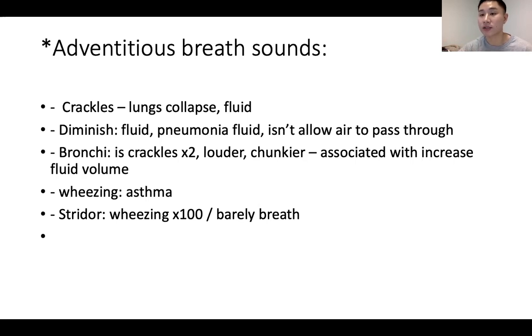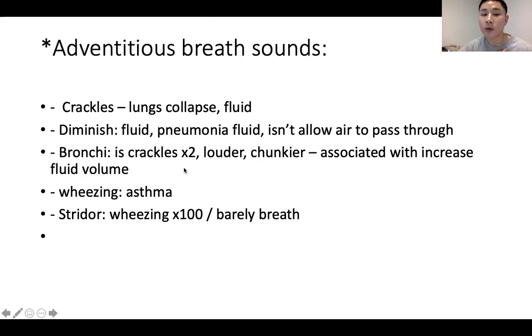It's not a good sound. A normal person with healthy lungs will not have these sounds. So crackles: when we hear crackles in the lungs, especially the lower lobe, it means the lung possibly has collapsed or there is fluid in the lungs.